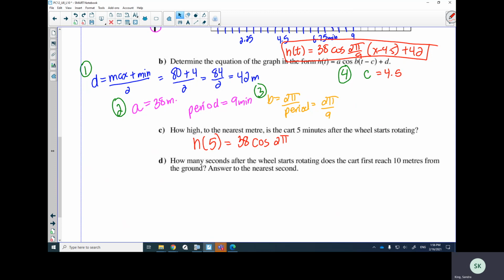This has to be in a bracket because that's a fraction. And then it's going to open up that other bracket for us. X minus 4.5, we're going to close 2 brackets, plus 42. So let's see if we could get that.